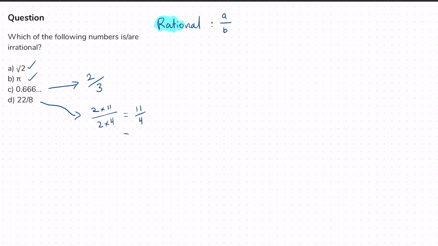Or, as a mixed number, 4 goes into 11 twice, with 3 left over. So, the square root of 2 and pi are both irrational, whereas 0.66 recurring and 22 over 8 are rational.